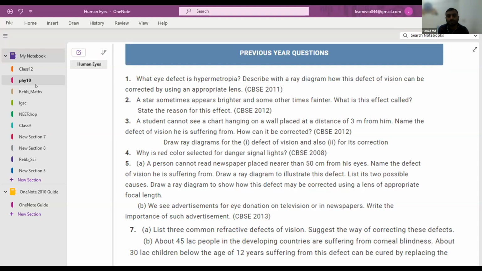The apparent position of the star fluctuates, and the amount of starlight entering the eye flickers. So sometimes it appears bright and sometimes fainter, which is the twinkling effect. So in general, we call it twinkling of a star, right? Twinkle, twinkle, little star. Who will answer the third question?